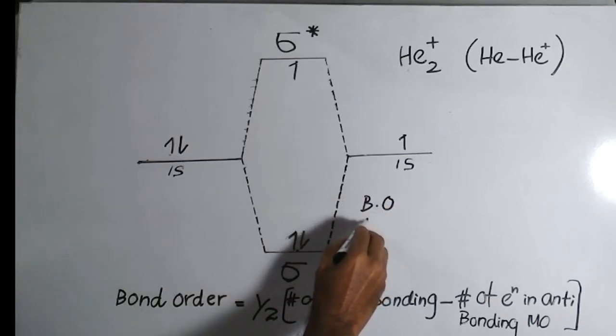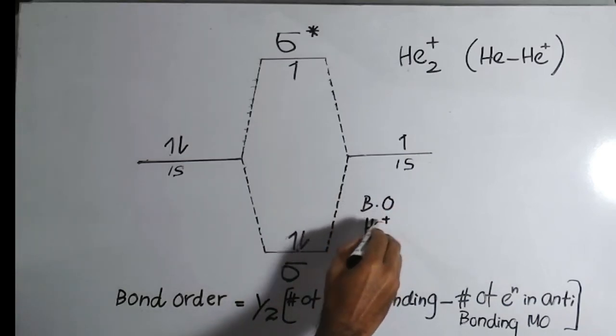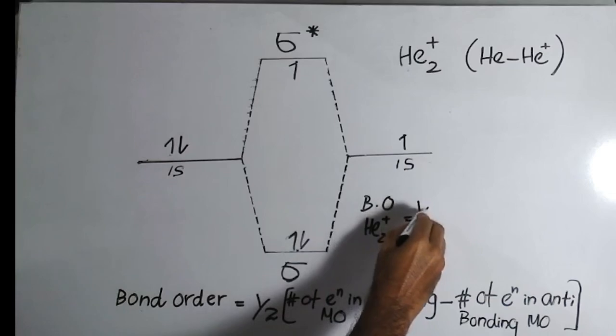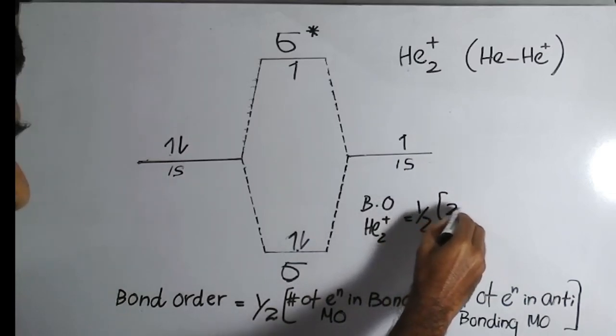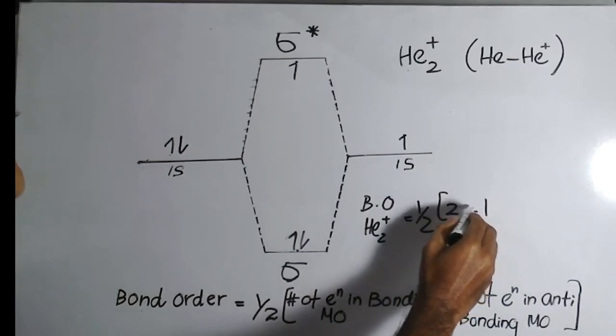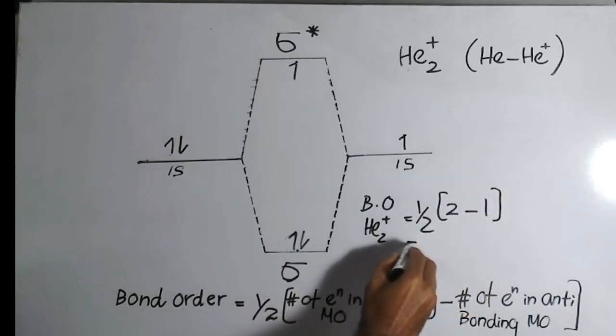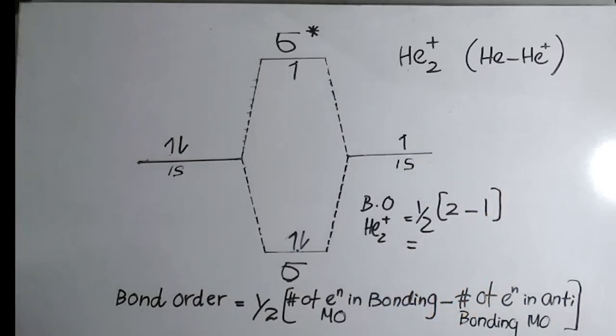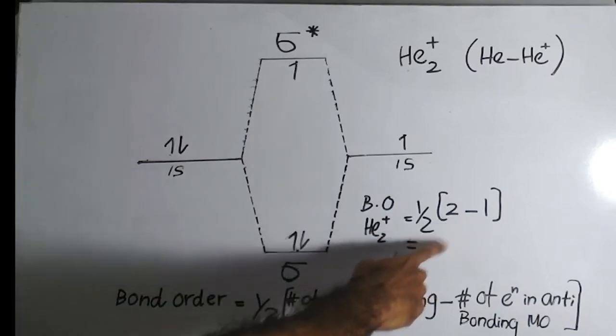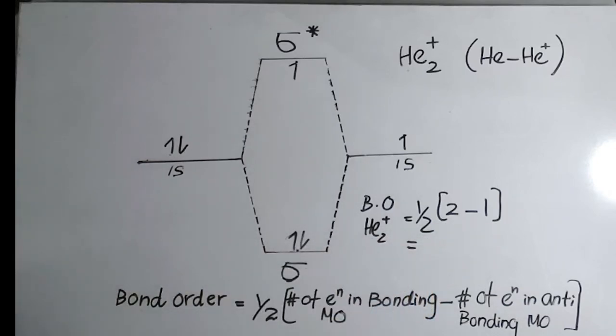The bond order for the helium 2 ion is half into 2 electrons in the bonding molecular orbital minus 1 electron in the anti-bonding molecular orbital.